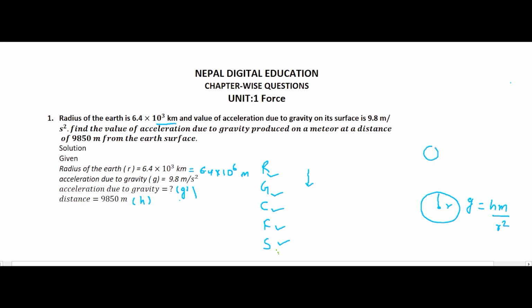And there is a meteor at height h, so g dash becomes GM by (r plus h) whole square.